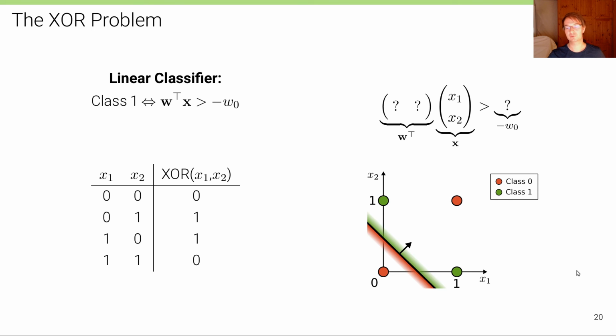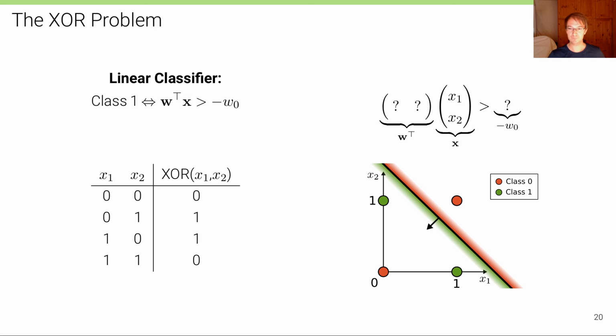For instance, if we would look at the decision boundary for the OR operator, we could see that it would correctly classify these 3 points here, but not this 4th point here, because this would be classified as green, as class 1. Similarly, the NAND operator would correctly classify these 3 points, but not this point.